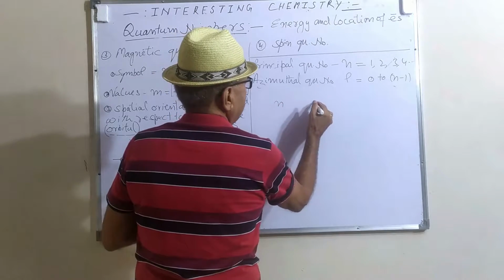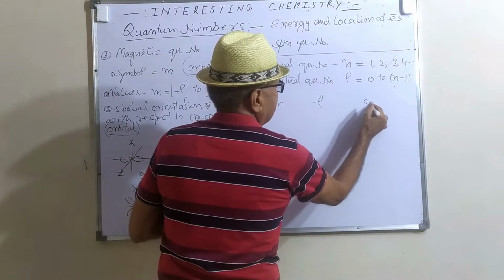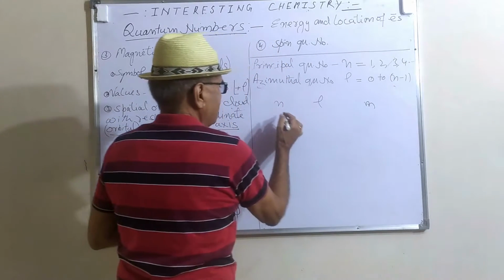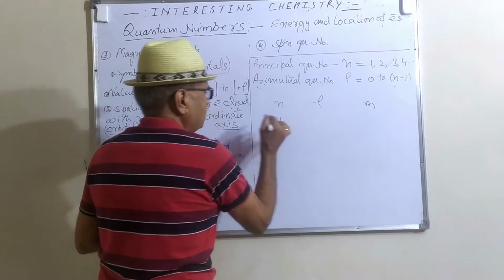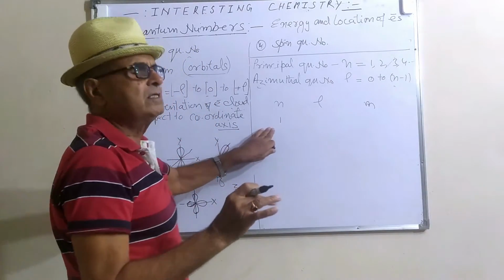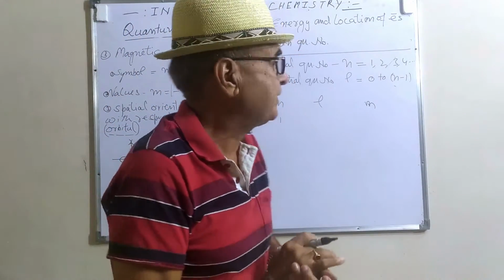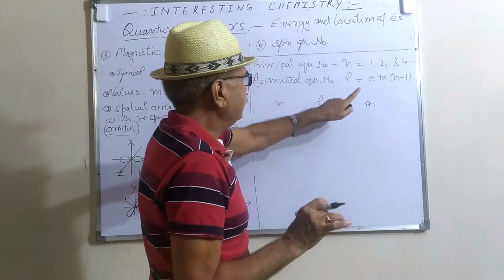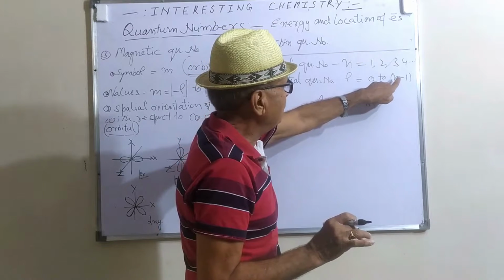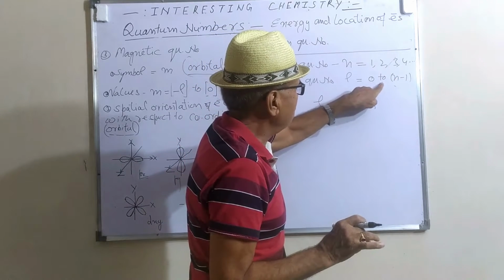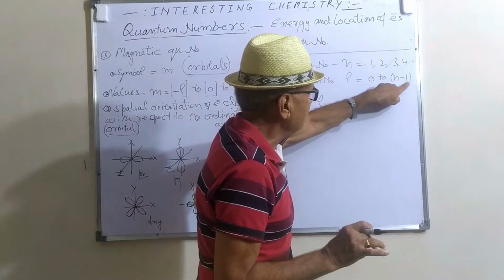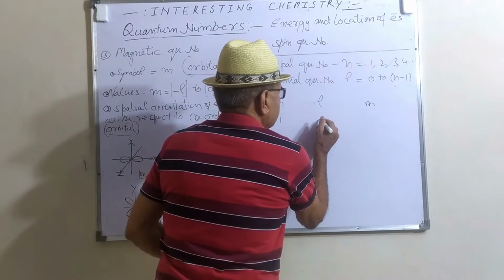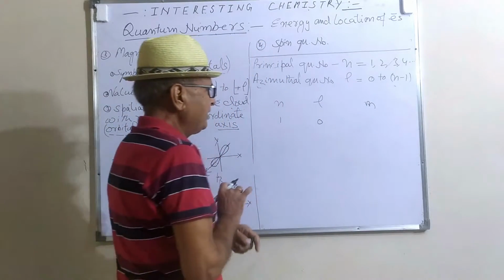This is N, this is L, this is M. When N is equal to 1, then find the value of L. Here you will put the value of N as 1, so 0 to 1 minus 1, it means 0 to 0, so it is 0.